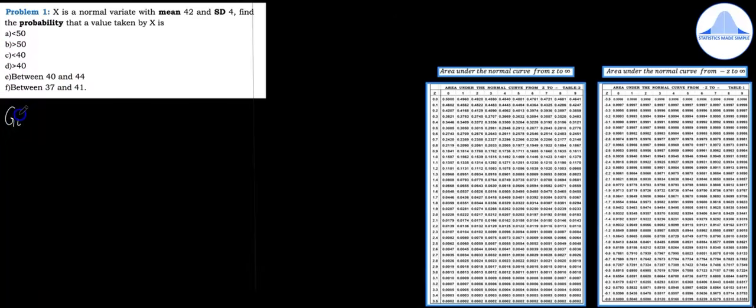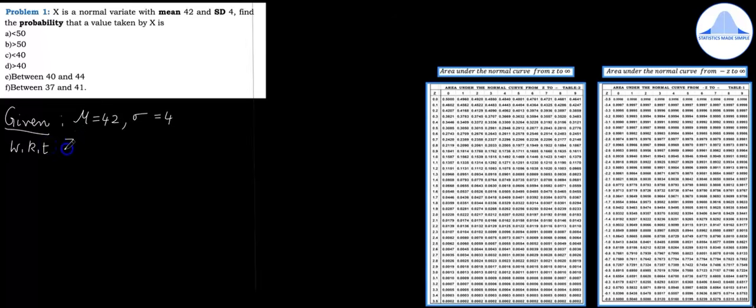So let us write the information which is given. The normal distribution has 2 parameters, mu and sigma. Mu is the mean, so mu is equal to 42, and the standard deviation is sigma, which is equal to 4. The next step is we write the formula for the standard normal variate.